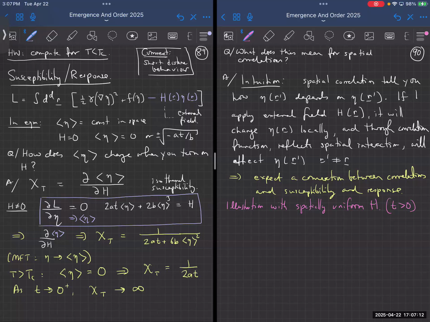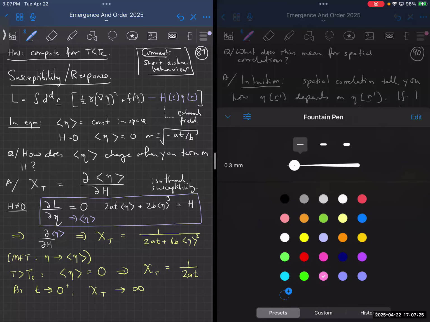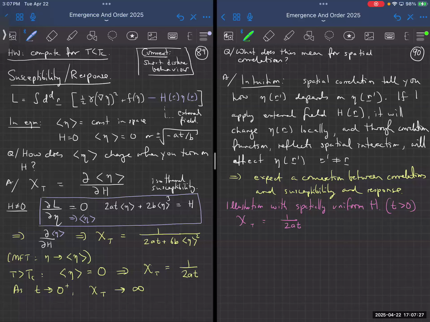So what do we know? So in this particular case, we know that chi is 1 over 2AT. So now what I want to do is I'm going to consider the following connection. Let's consider the integral over space, d^d r, some dummy variable, of the 2-point correlation function as a function of r. So what is this?